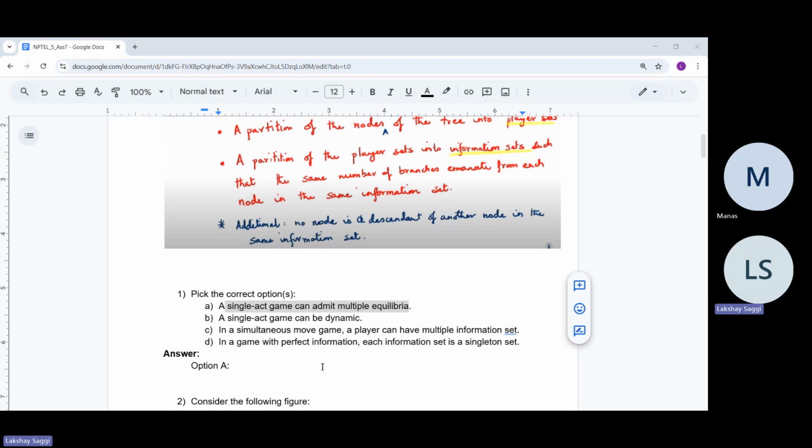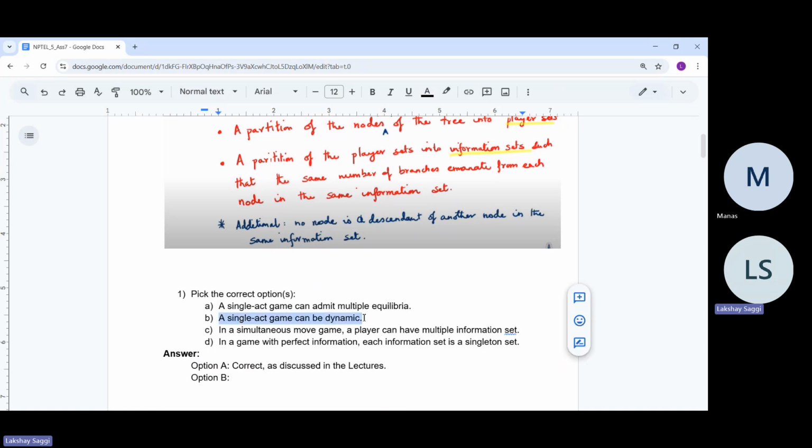So there can actually be multiple equilibria. Good job, Manas. This is correct as discussed in the lecture. You can draw up an example for the same also. It's not too difficult. And then option B is a single act game can be dynamic.